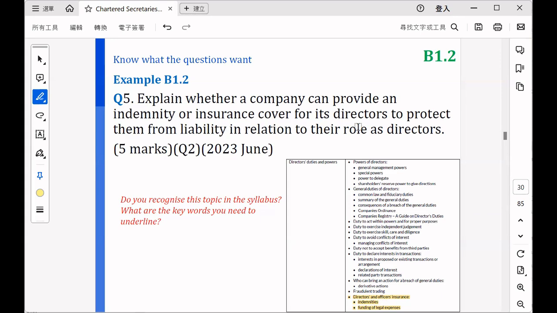Now, how would you structure your answer? Again, I give you 1 minute to think about this.